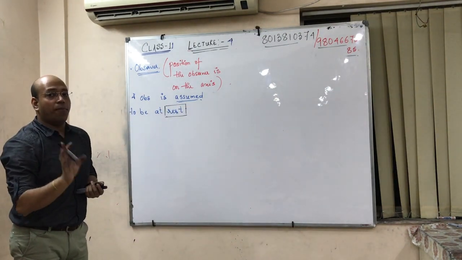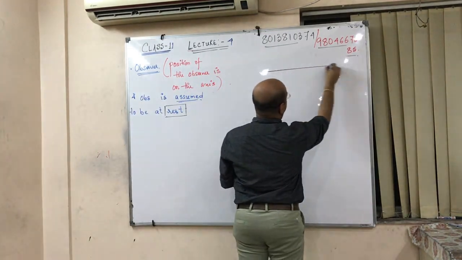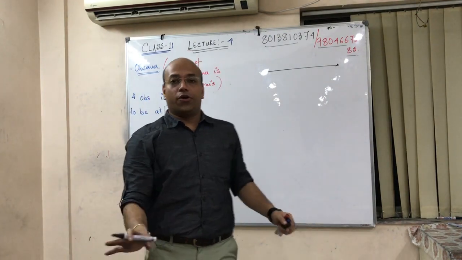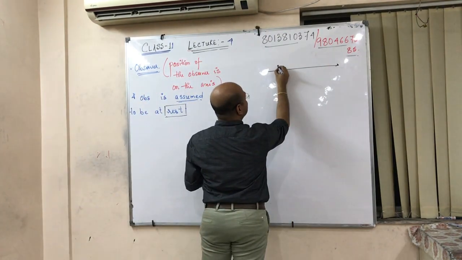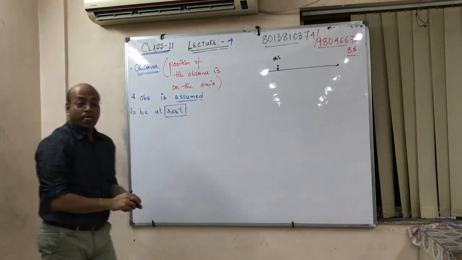This is the first important thing. On any axis, the object can be anywhere doing whatever. The observer is at rest and lying on this axis.